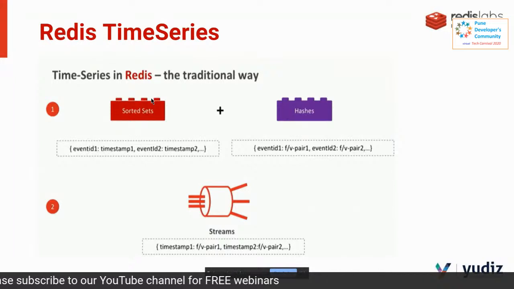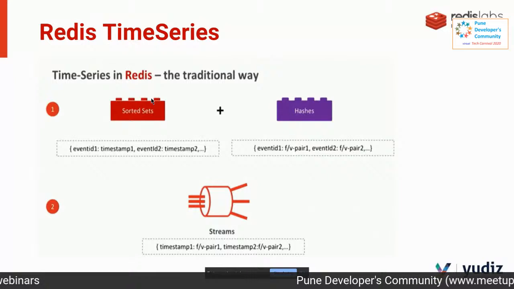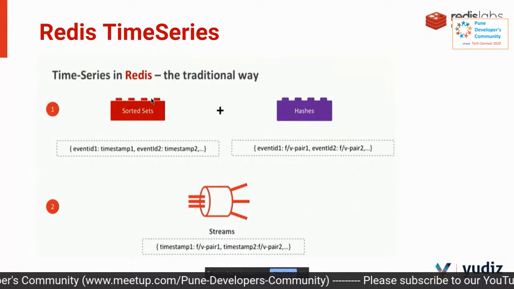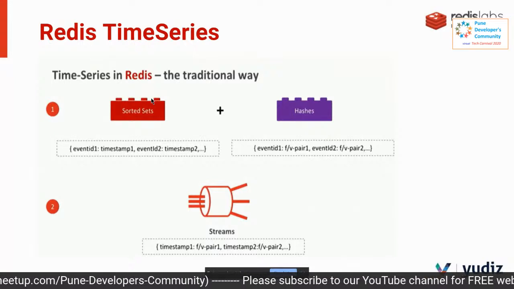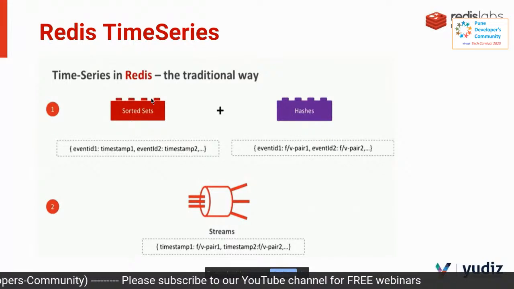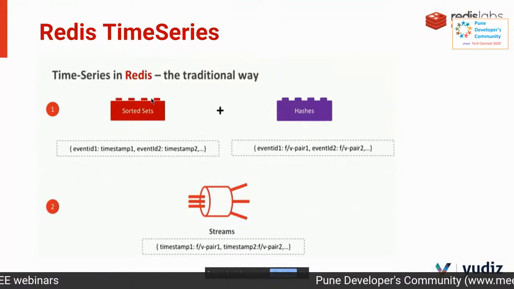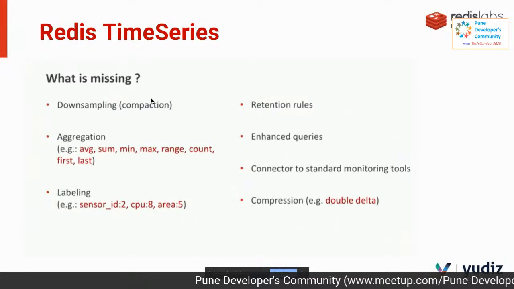Later on, when streams were introduced, streams were used for time series data in Redis, but streams do not provide a very good data structure for aggregation or any kind of use cases specific to time series data.